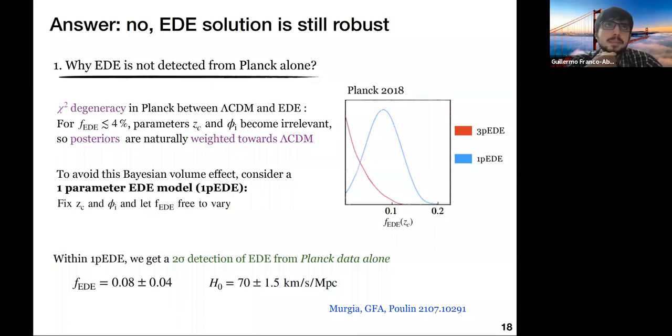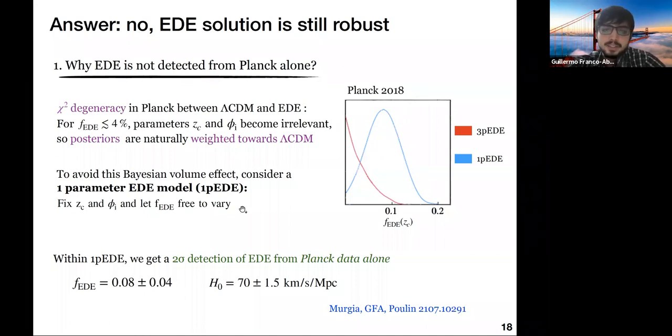What I'm doing is allowing the Monte Carlo to explore the parameter space well, because if we don't fix these parameters, a big volume of the parameter space is spent on a region that is essentially identical to ΛCDM in terms of chi-square. So indeed, we are kind of breaking this degeneracy.